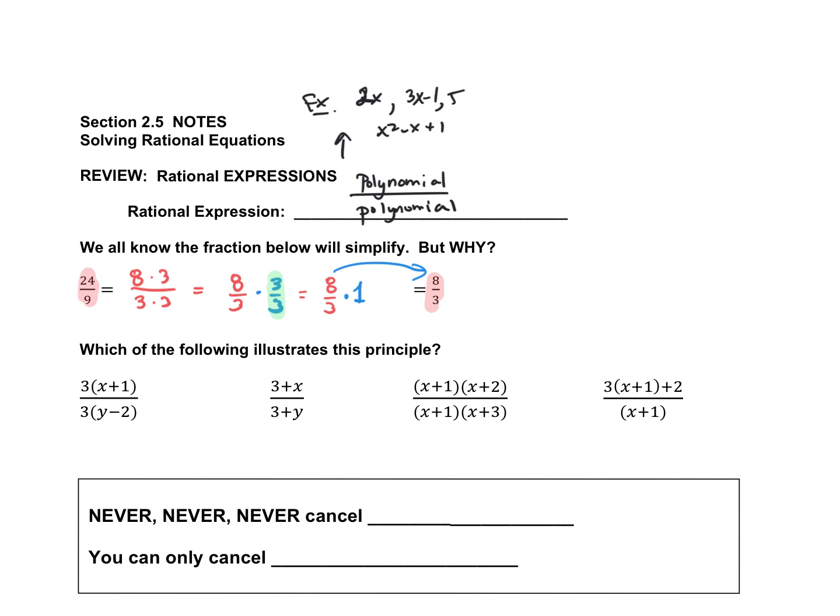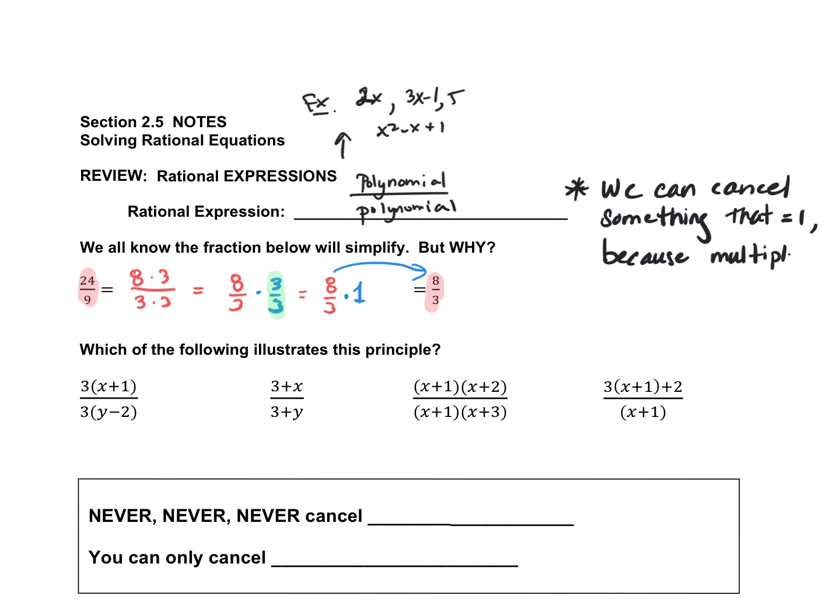Okay, so the first thing I want to think about is that we can cancel things out if we are doing that in a form of 1. Okay, and a little note here. We can cancel something, fraction, whatever we want to call it, that equals 1 because multiplying by 1 does not change your problem.